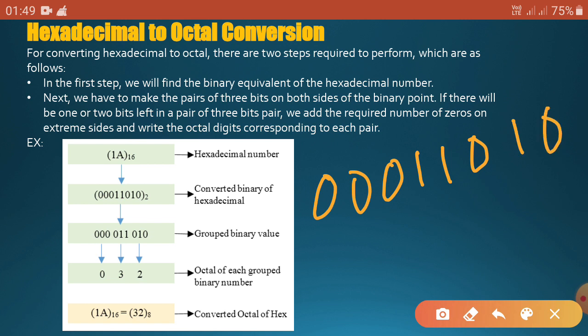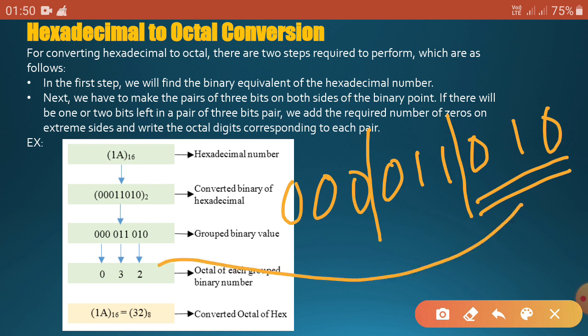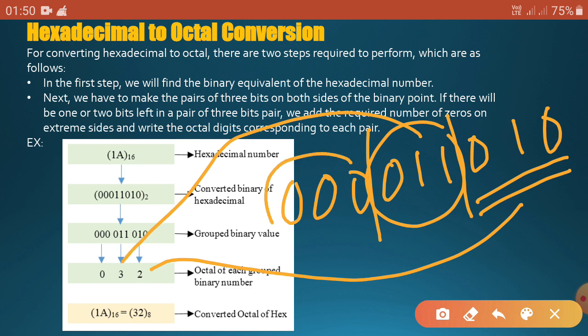Now we make 3-bit groups, working from the right side. One bit is remaining, so we add another 0 to make the group. So 010 in octal is 2, 011 is 3, and 000 is 0.